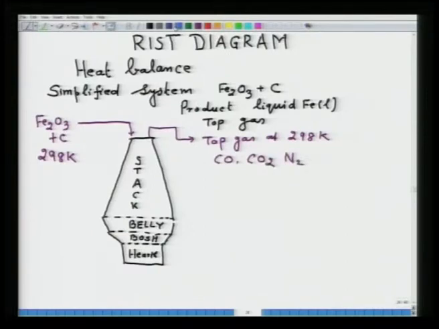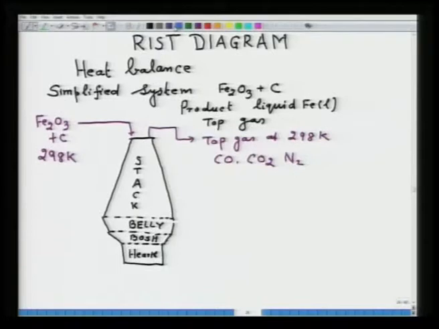Mind you, we are considering a simplified model. In actual practice, top gas may go out at 300 degrees Celsius or something of that sort. In reality, you do not charge pure iron oxide, you charge iron ore. So, after developing the simplified model, we can add the complexity so that we arrive at actual blast furnace iron making.